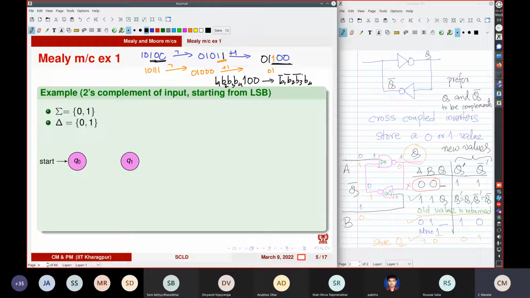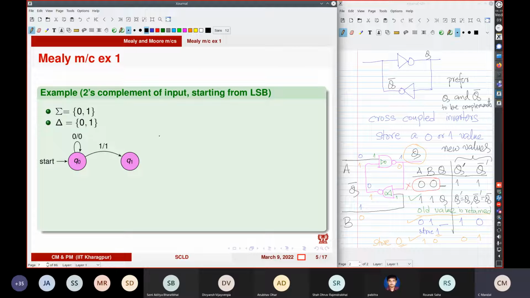So these get complemented and these remain the same. All right. So that is what we are capturing over here. What happens is the initial run of zeros will remain the same. The first 1 remains a 1, and then everything gets complemented.